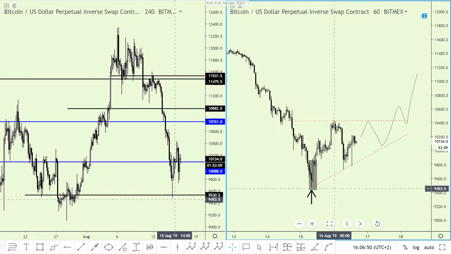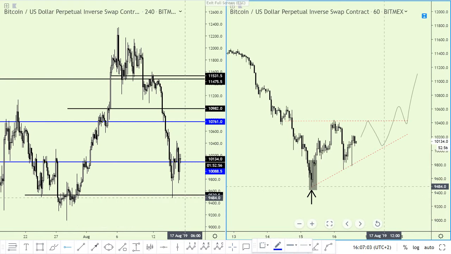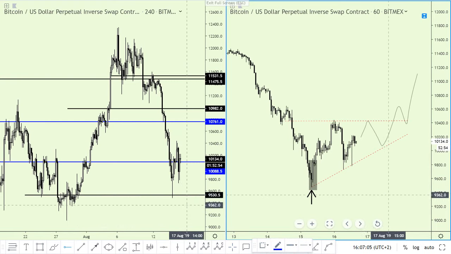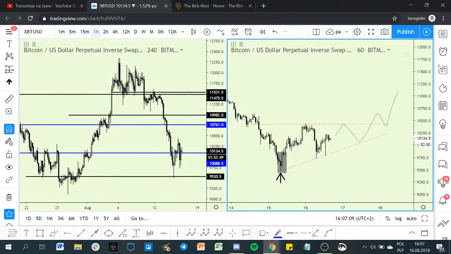Just to add a final short note on how to draw the levels properly, right? We need to understand where the pre-breakdown or pre-breakout is for a given part. So if here, let's say for 4 hours, it's not quite visible, it means that it happened on the 1 hour.